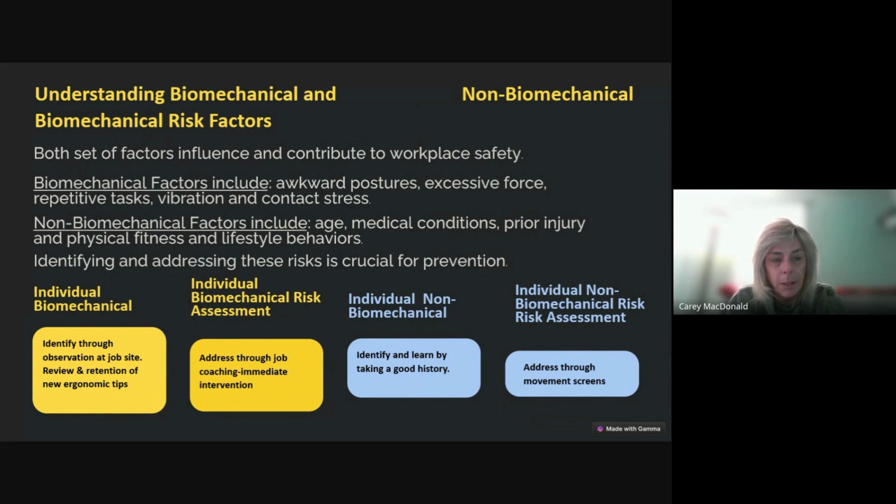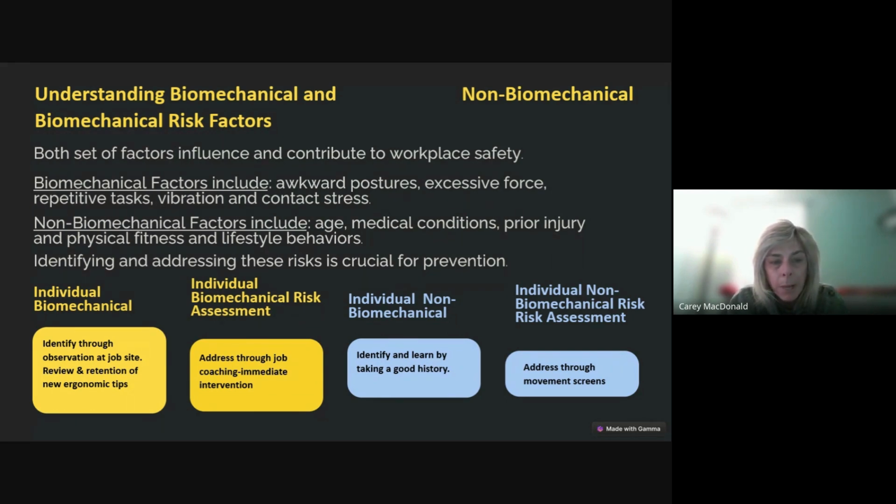So when we talk about biomechanical, we're talking about those risk factors that include the worker actually performing the job day in, day out. So the awkward postures, the excessive force, the repetitive tasks, vibration, contact stress. So we're talking about actually the ergonomic piece of the job, right?